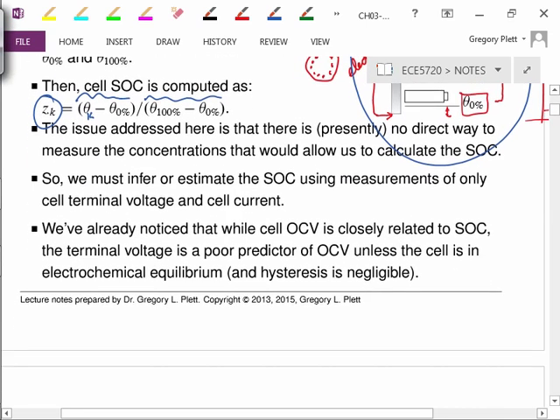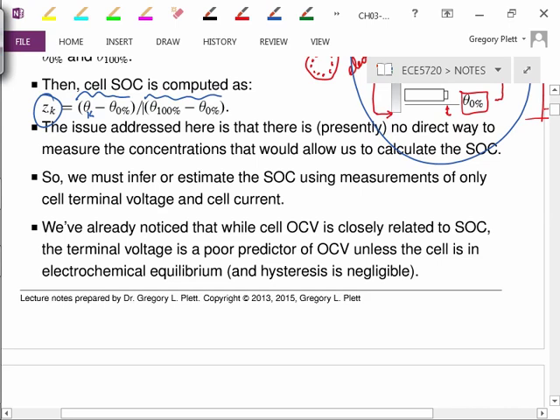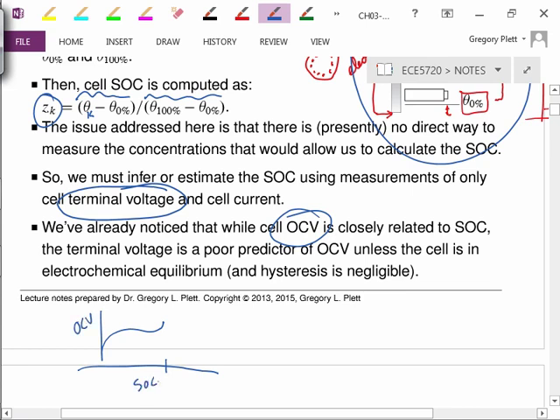Now, I stressed terminal voltage because terminal voltage is the voltage under load. It's different from open circuit voltage, which is the voltage when the cell is allowed to rest and come to complete equilibrium. We've seen curves last course of open circuit voltage versus SOC. It might look something like this.